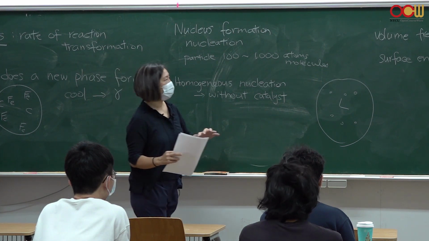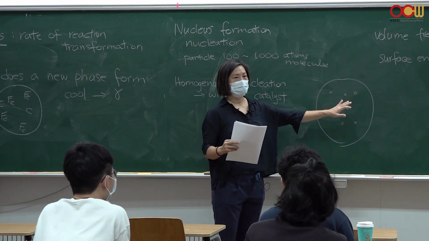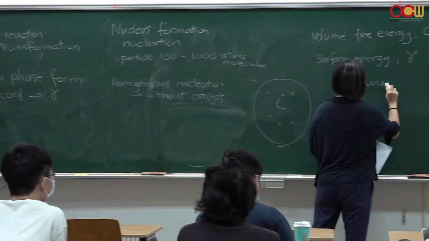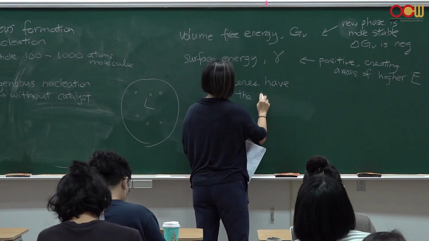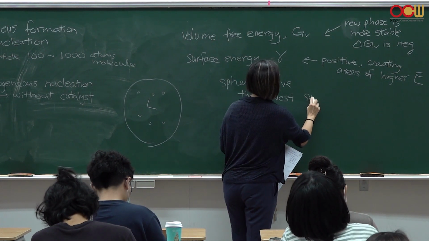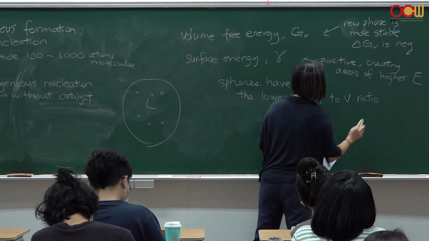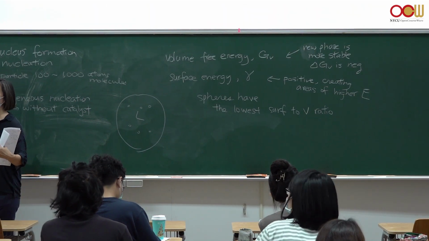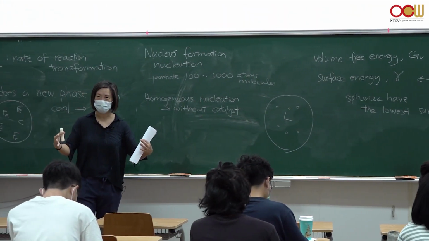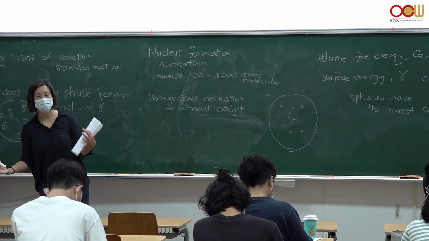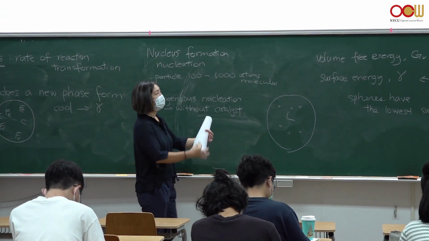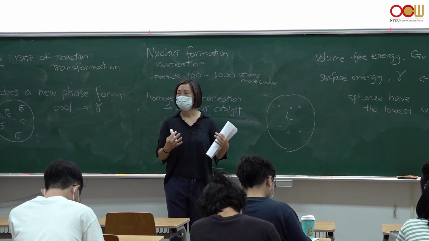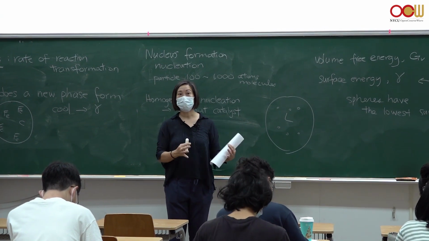So what shape do you think my nucleus is going to take on? Spheres, because spheres have the lowest surface to volume ratio, right? We want to maximize our volume and minimize our surface because the volume is where the energy is low, surface is where our energy is high. So naturally, when you form these nucleus particles, they're going to be spherical.